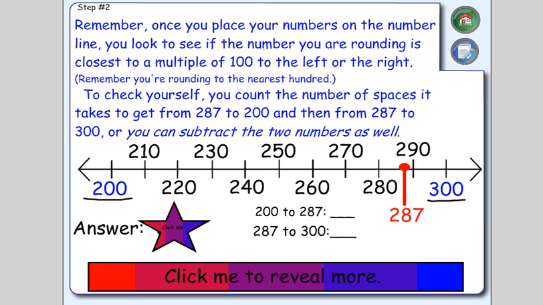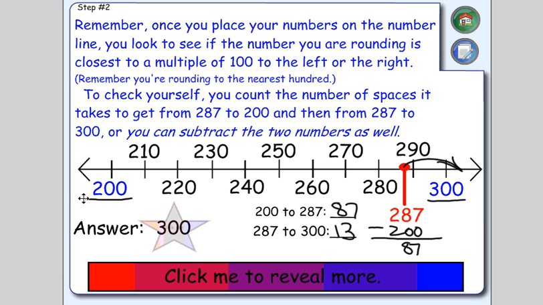Well, if I go all the way down to 200, I'm going to subtract to find out, I would jump 87 times. But to go up to 300, I would only jump 13 times. So I'm closer to 300.